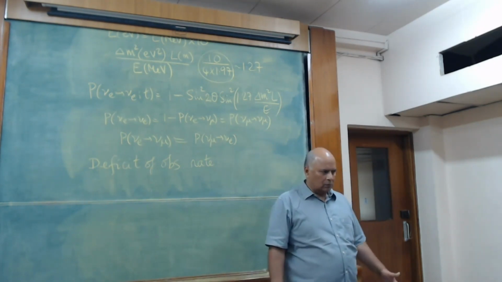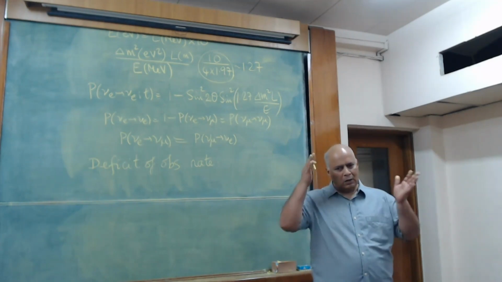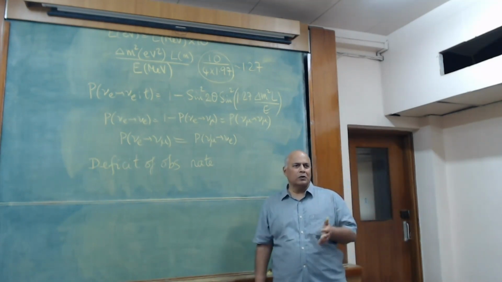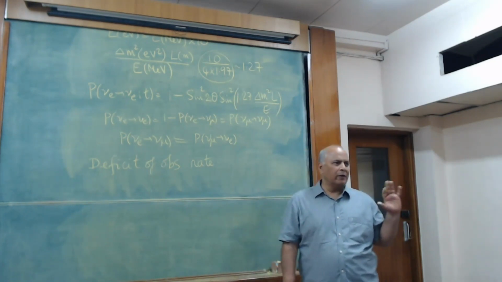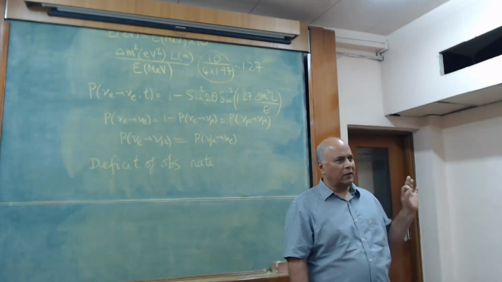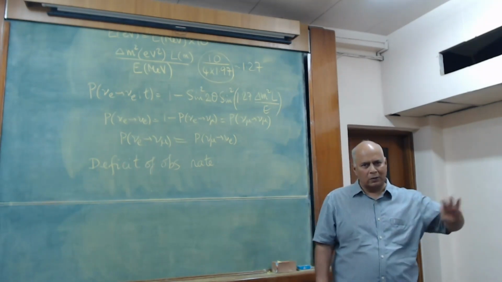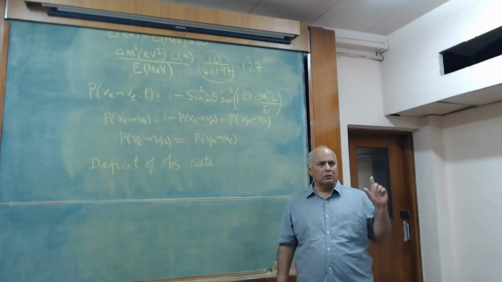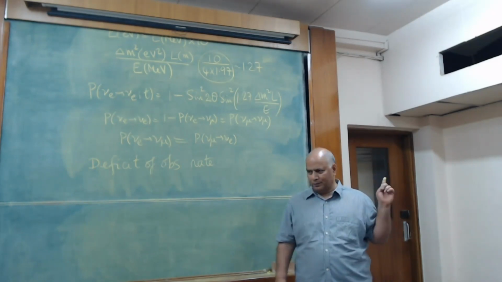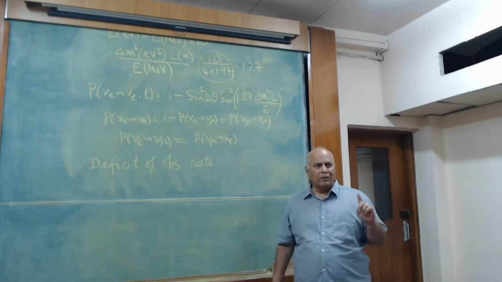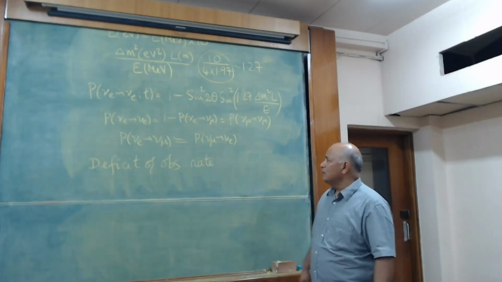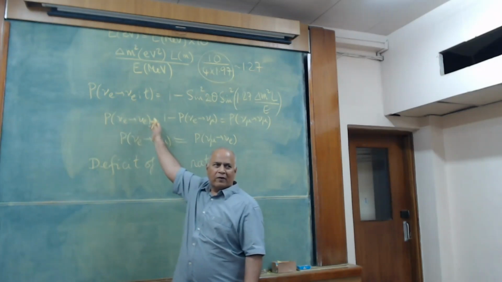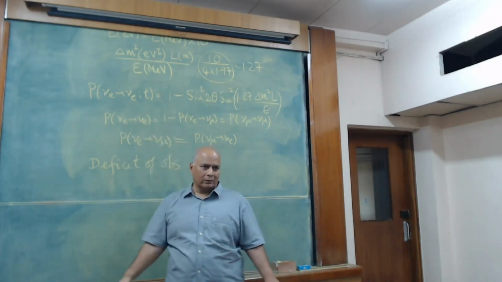By the way, ever since the solar neutrino experiment of Ray Davis, people have been talking about neutrino oscillations. So that's more than 50 years. And in all this time, people have observed only these so-called deficits, that is survival probability less than 1.